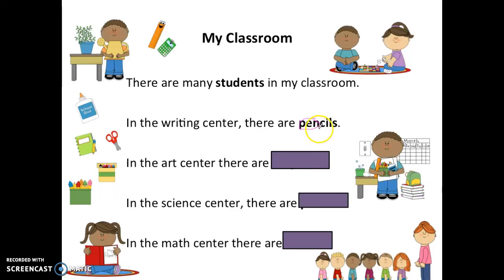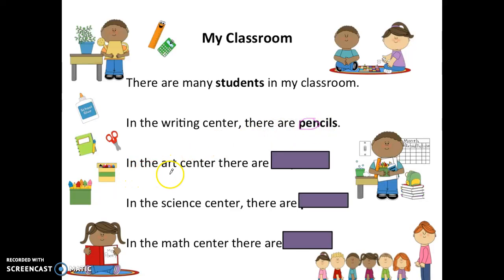That must be pencils. In the writing center, there are pencils. Do you see how I found a smaller word hiding inside of this bigger word? Let's go down to the next sentence.